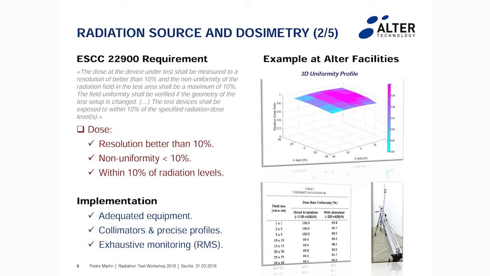About the dose, I want to emphasize the importance of the uniformity of the dose. Of course, the requirement is that the uniformity has to be more than 90%, or the same, that the non-uniformity is less than 10%.